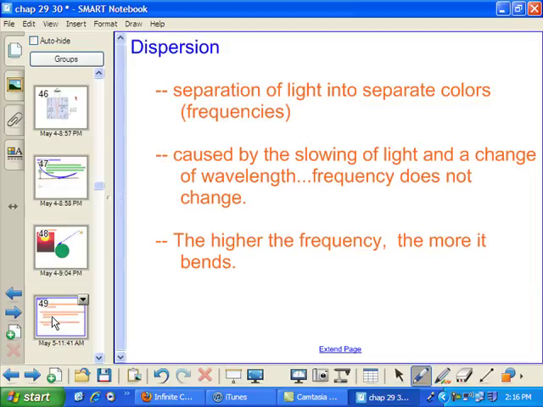So what color is going to bend most in our visible spectrum? Violet. So violet and blue bend the most. Red bends the least. What's the difference between purple and violet? Usually in physics we say violet rather than purple.